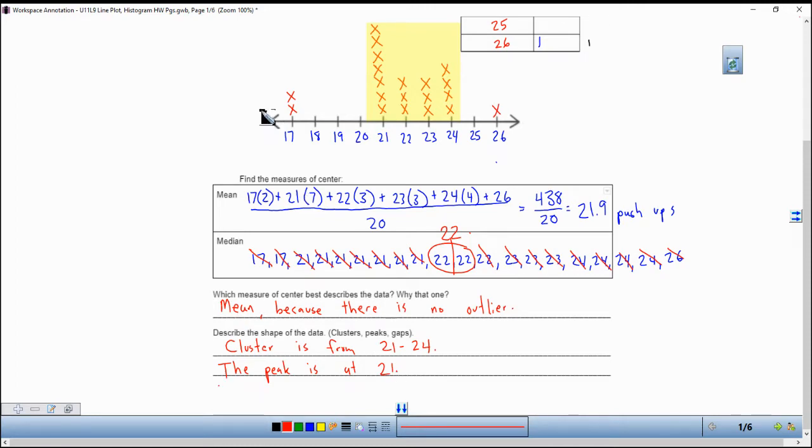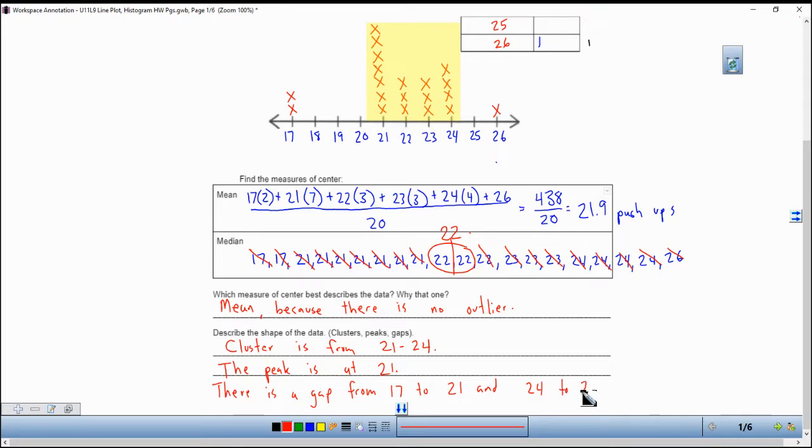There are 2 gaps, actually. There's a gap here, 17 to 21, and there's a gap between 24 and 26. So there is a gap from 17 to 21 and 24 to 26.